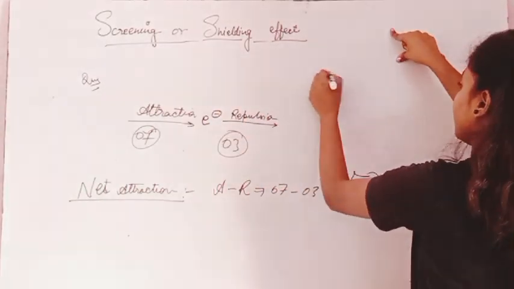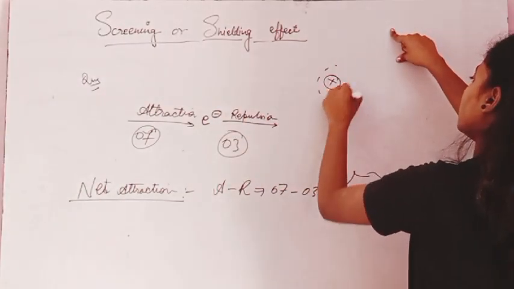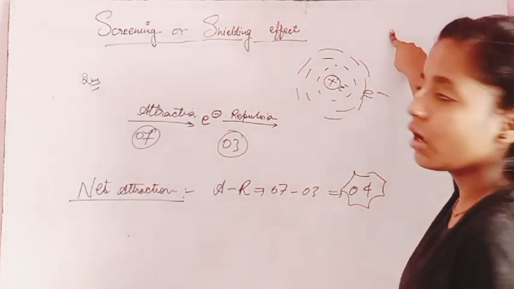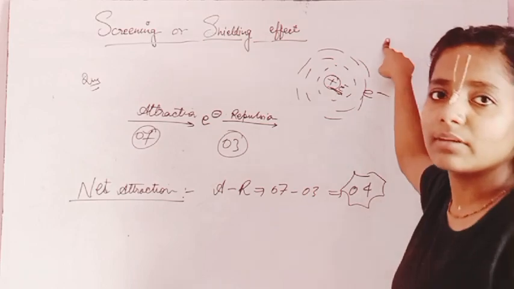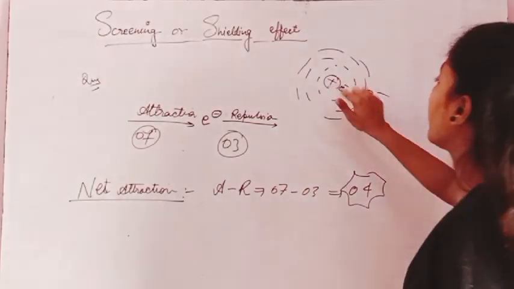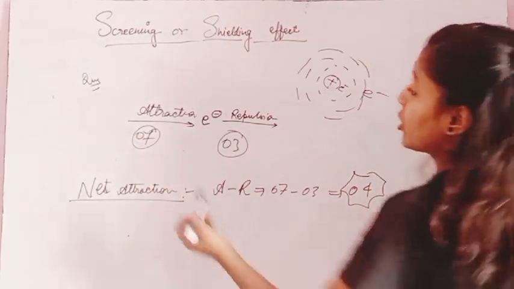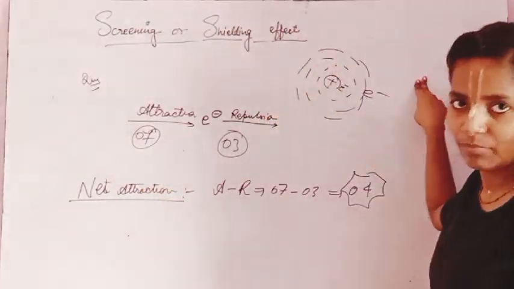Now everyone again see. This is your electron. This is your outermost shell electron. What is the attraction that particular proton is showing on the electron? That is your 7.